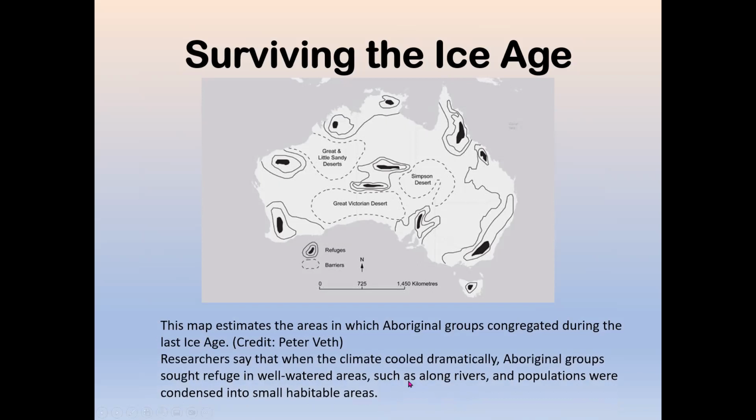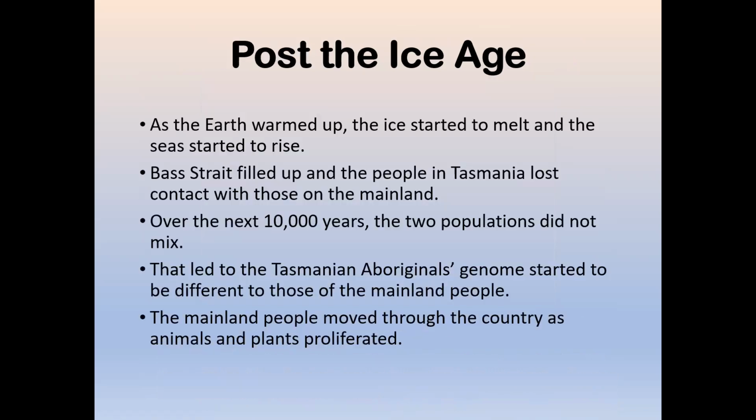Now, it says here that when the climate cooled dramatically, they sought refuge in well-watered areas, rivers. Populations were condensed into small areas. Once Earth started warming up and the ice melted, the sea began to rise. Bass Strait filled, and the Tassie Aborigines lost contact. And remember this: if you're standing at the most southern part of Victoria, you can't see Tasmania, and so they couldn't see it.